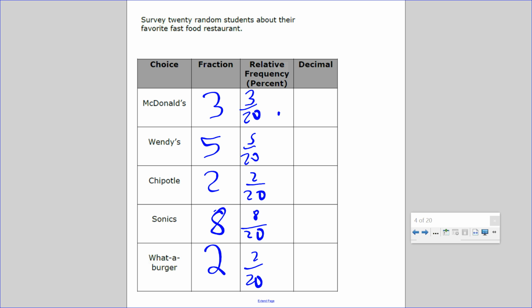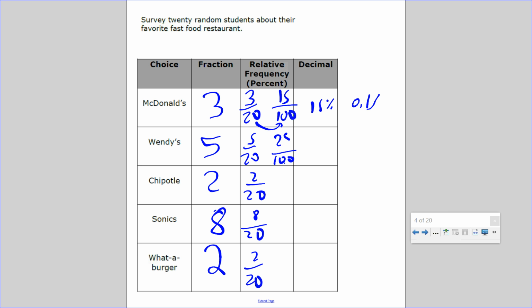What percent is that? Again, a percent bar. How do you build 20 to 100? Times 5. So that would be 15 over 100, which is the same as saying 15%. For this one, how do you build the relationship from 20 to 100?